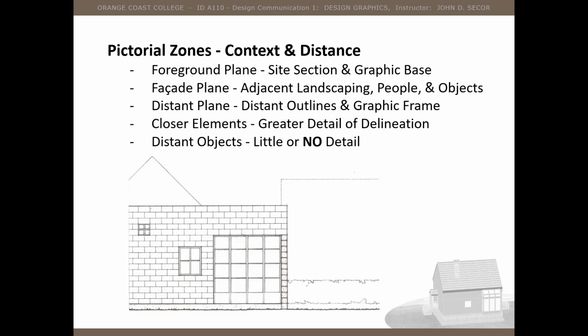As a result, we end up with what we call pictorial zones, and these help us discern distance and importance. The foreground tends to be a little bit heavier, using those heavy line weights, and they give us real prominence, as we talked about in the previous slide. The facade lines tend to be intermediate lines, and those are the surrounding objects that help us understand the use and function of the object, and maybe the context of people and other built objects around it.